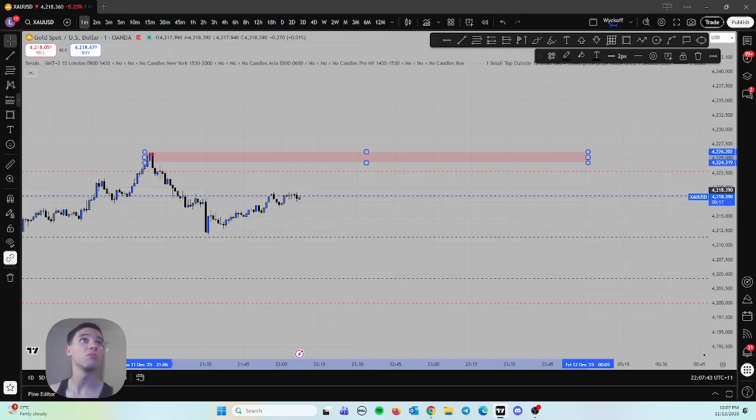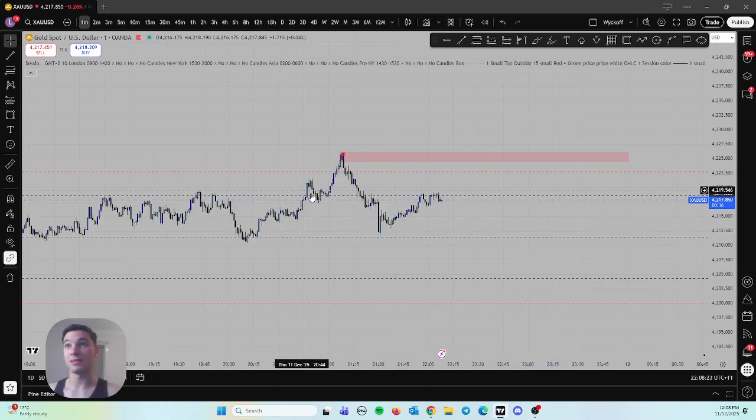Okay, so this is our extreme supply. It's fine, it's red anyway. Then in terms of extreme liquidity, technically that's our extreme liquidity, which looks like it has just been swept.